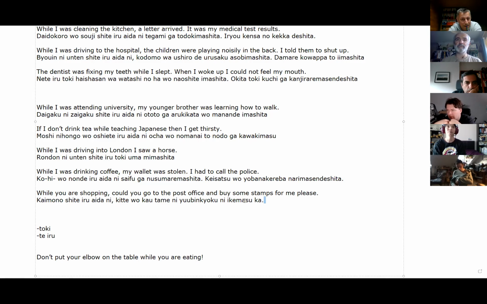Now, can I just for a second change this into itte kudasai, Tom, just to make the point? Yeah. Itte kudasai. Now, just ask yourself for a second what this actually means. This says, for the purposes of buying stamps, can you please go to the post office? But what you're actually asking the person to do is what?